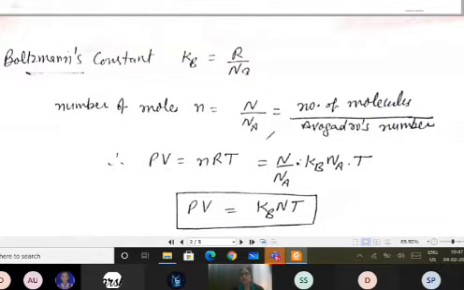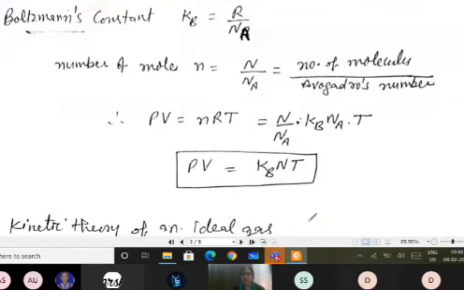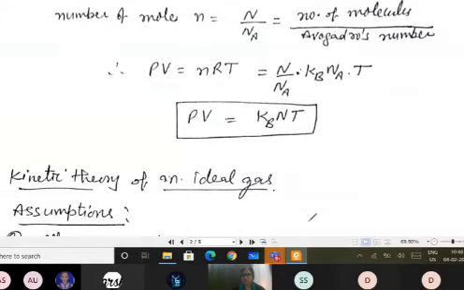Avogadro's number you all know, 6.023 into 10 to the power 23. So I can write the value of small n in the ideal gas equation, and from R upon Na equals Kb, R equals Kb into Na. You can see Na gets cancelled, and I'm left with PV equals Kb N T, where Kb is the Boltzmann constant. So the ideal gas equation can be written in terms of the Boltzmann constant, and you can find its value as well.